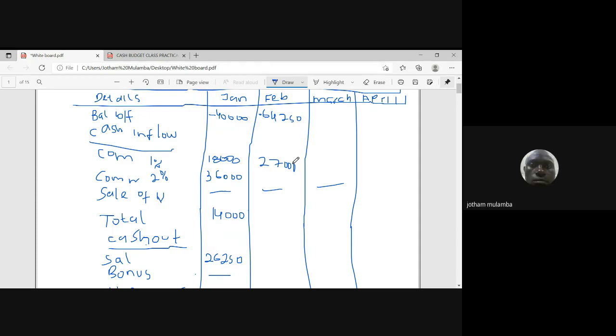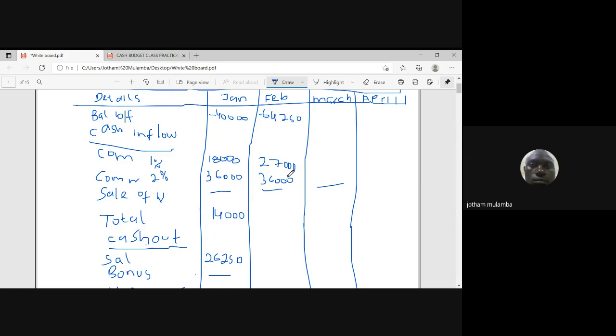So times 2%. It should be 36,000. That's what we record here. So we don't have sale of vehicle.